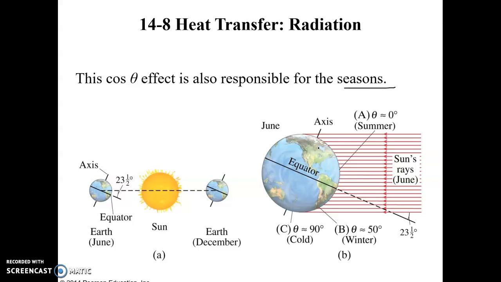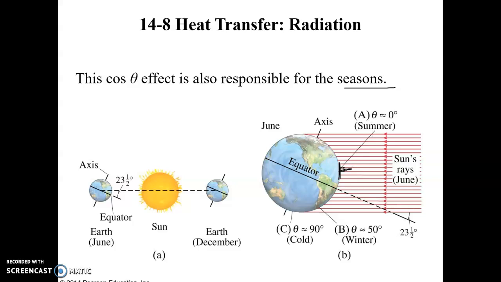The Earth's axis is on a tilt, which means in the summer we are tilted towards the sun's rays, and so when we're tilted towards the sun, like right here at this level, the angle between the tangent to the Earth and the sun's rays is perpendicular.